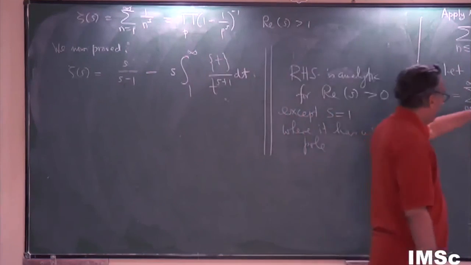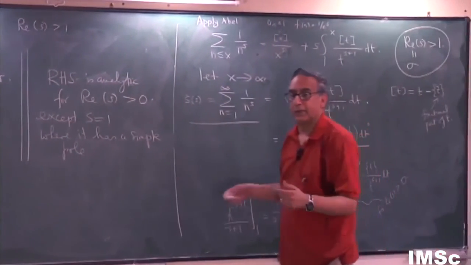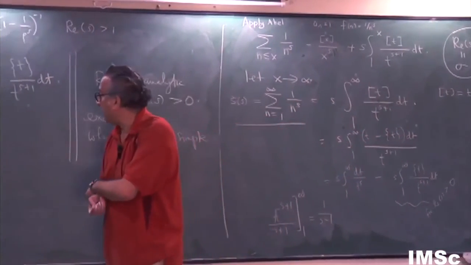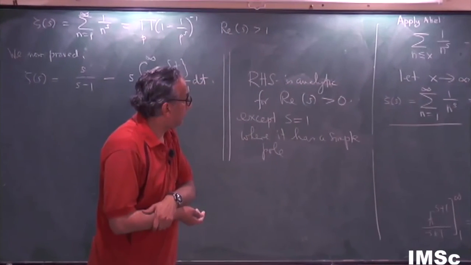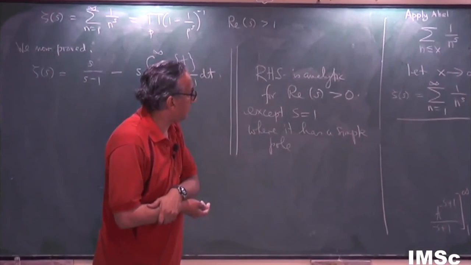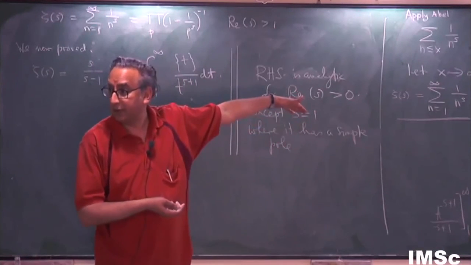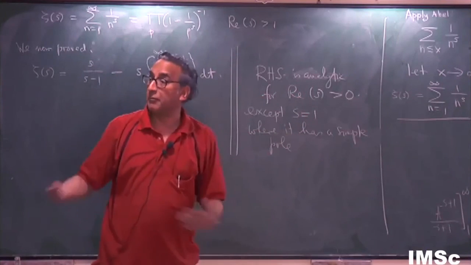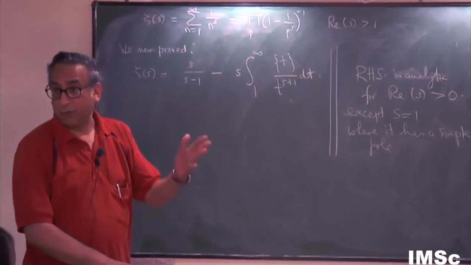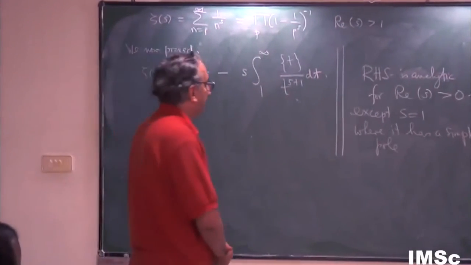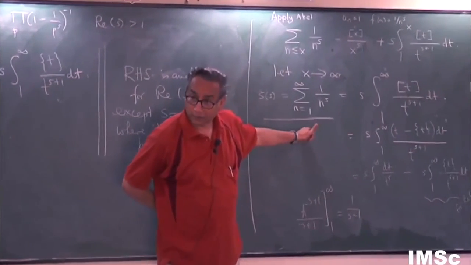This kind of trick to keep on continuing the function to the entire complex plane is an idea that I had developed with my student Kaninika Sinha in her master's thesis, where you can keep on pushing this to analytically continue the whole thing to the entire complex plane, which is different from Riemann's method. Riemann had another method using modular forms, theta functions, to get the continuation. The advantage of Riemann's method is that he also gets a functional equation.